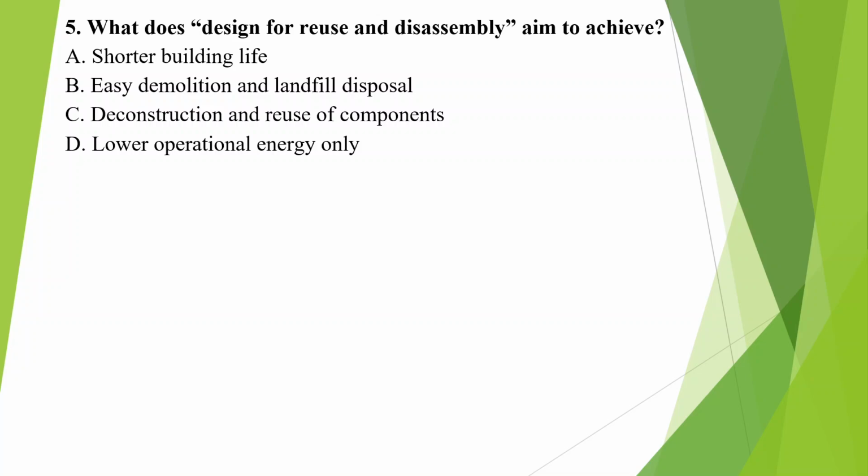Here is the next question, question number 5. What does design for reuse and disassembly aim to achieve? This is the concept, design for reuse and disassembly. So what is the aim of this?